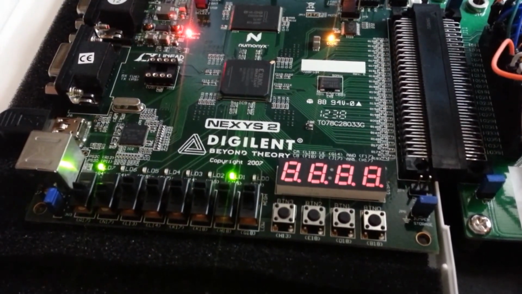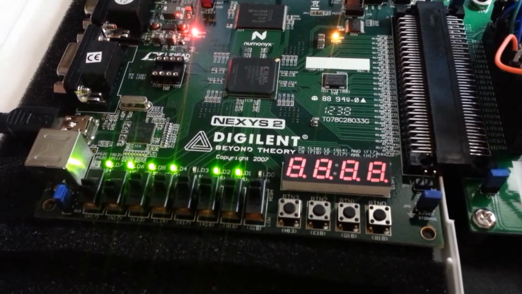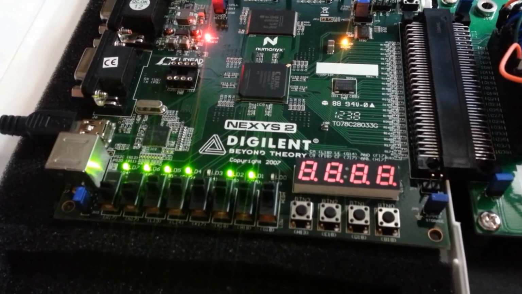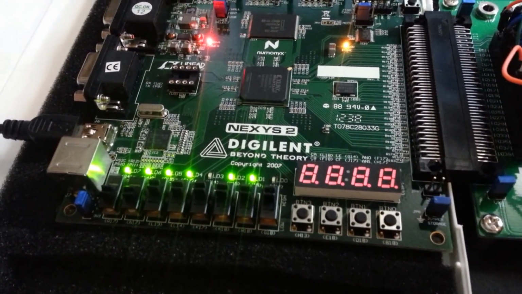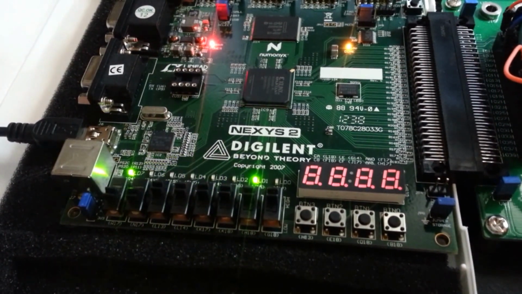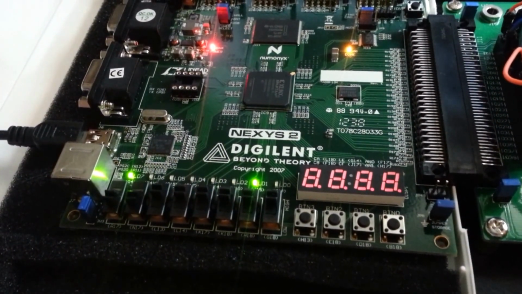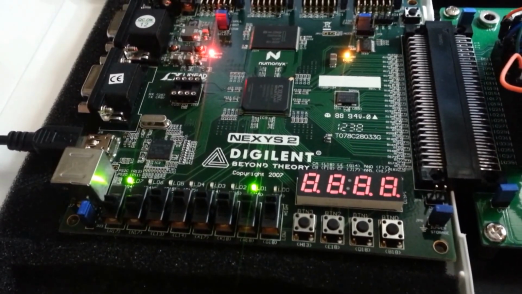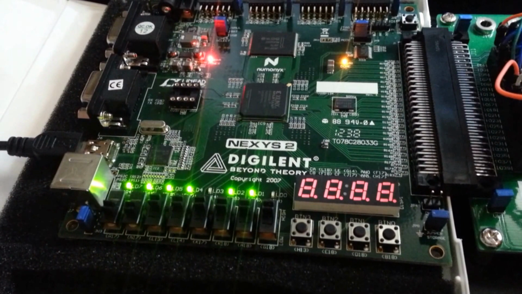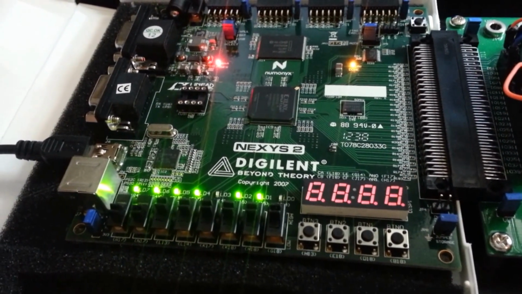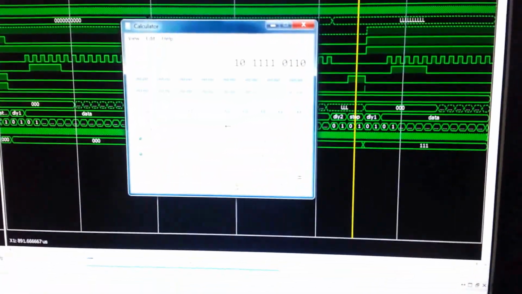So our binary should be 1 0. Let's go ahead and do that quick. So we're looking at 1 0 1 1 1 1 0, and let's wait another few seconds here until it comes up again. 1 1 1 1 0 1 1 0. Okay, so that's what we have here for binary.